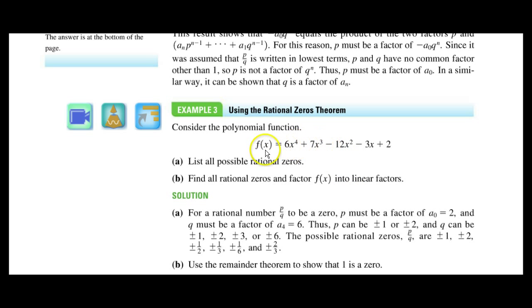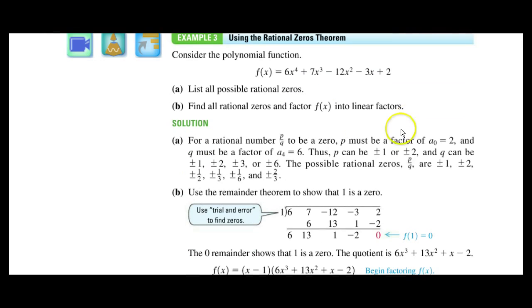So let's take a look at the first example using this theorem, where we see it's to the 4th power, and our last constant term is a 2. And list all possible rational zeros. Now, for this, we look at our ratio of p and q. Now, we're saying our p is this a sub 0, and that is 2, this 2 right over here.